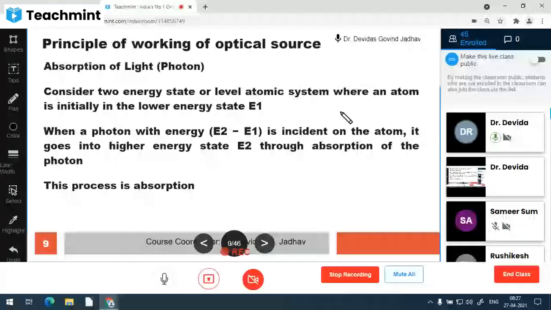So the outermost electron is in the valence state, E1. When a photon with energy E2 minus E1 is incident on the atom, that photon is absorbed by the atom, or the energy is given to the charged particle, and it goes into higher energy state from lower energy state. From E1 it goes to E2 through the absorption of the photon. This is the process of absorption.